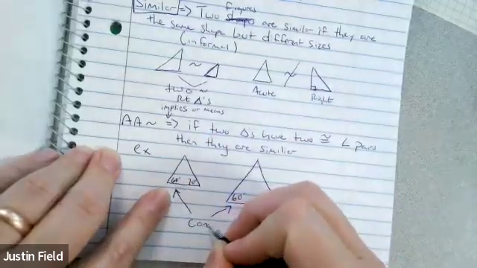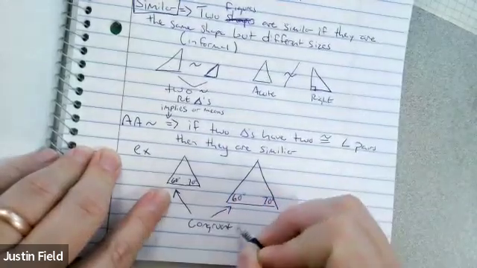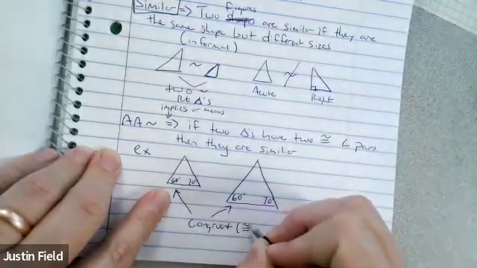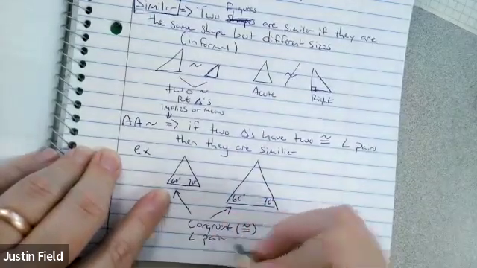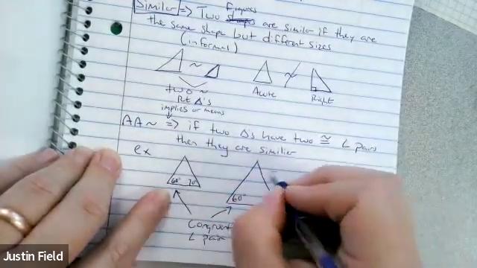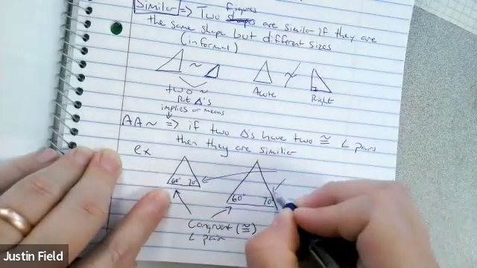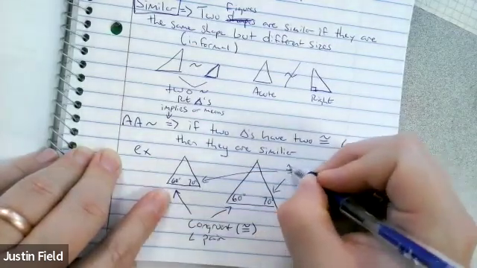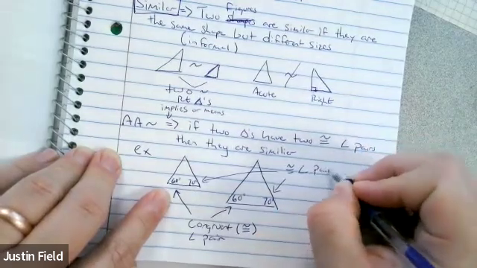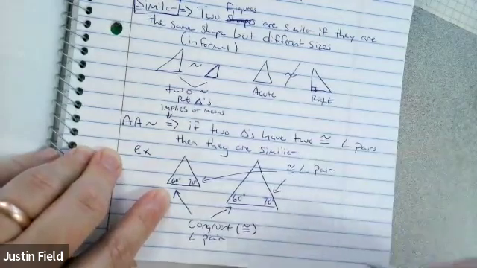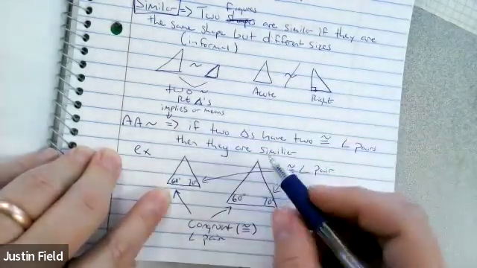Congruent angle pair there. And I'm going to write the symbol there. Congruent angle pair. And we have another, this time I'm just going to write the symbol. Congruent angle pair. Okay, so that means that these two triangles are similar.